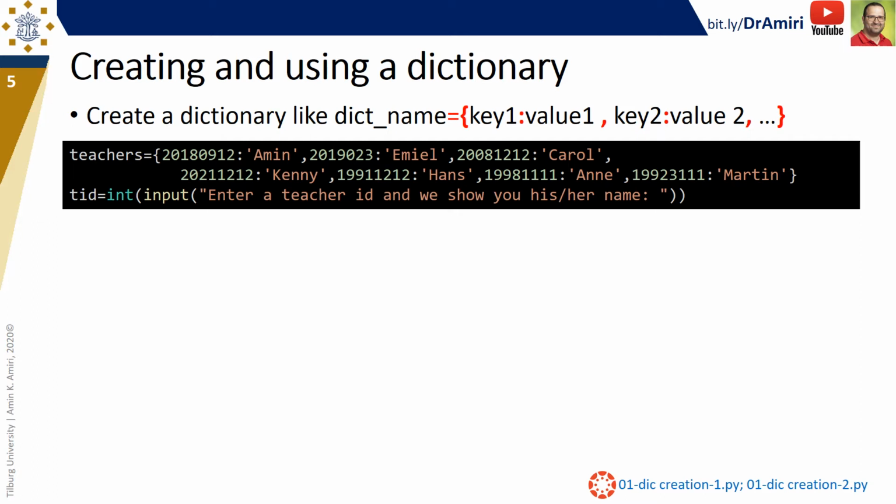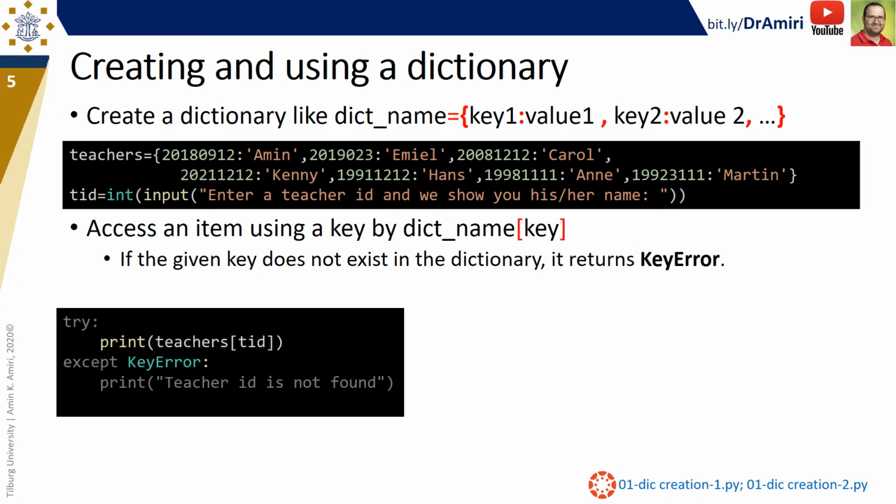So if we replace that list of lists with this dictionary and then get the teacher ID from the user, we can easily access an item using the key provided by the user. So when the user provides the key, we only need to write down the name of the dictionary, put a bracket, and put the teacher ID in between, which is the key of that item.